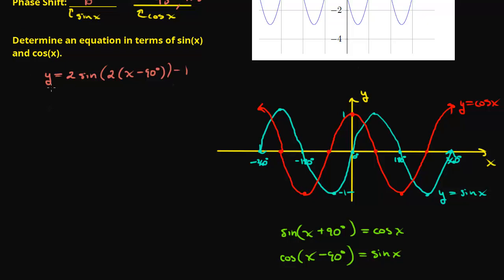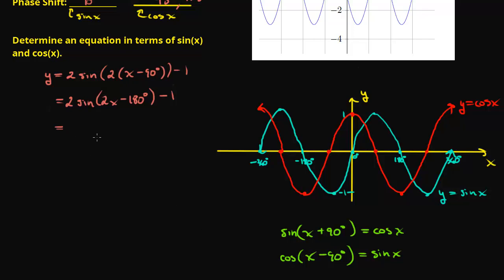And I wanted to model this using a cosine curve without graphing it and without even thinking about the graph. I just wanted to do this algebraically. So I can write this as 2 times the sine of 2x minus 180 degrees, where all that I did was distribute this factor of 2 into the brackets. So I can now use this identity.